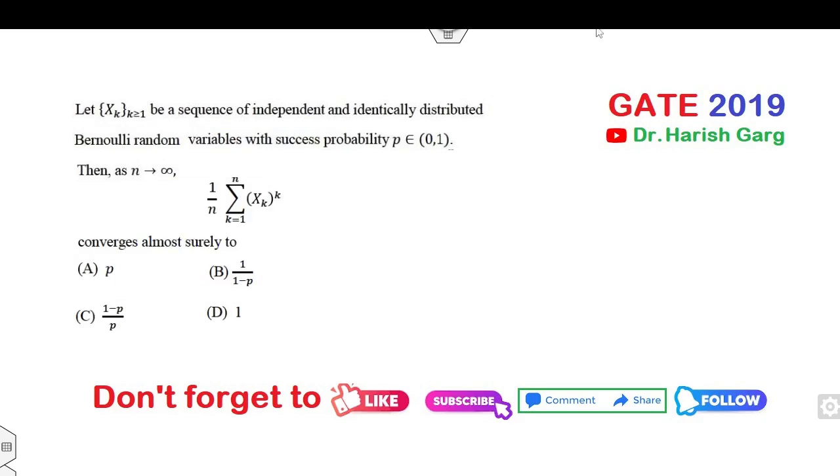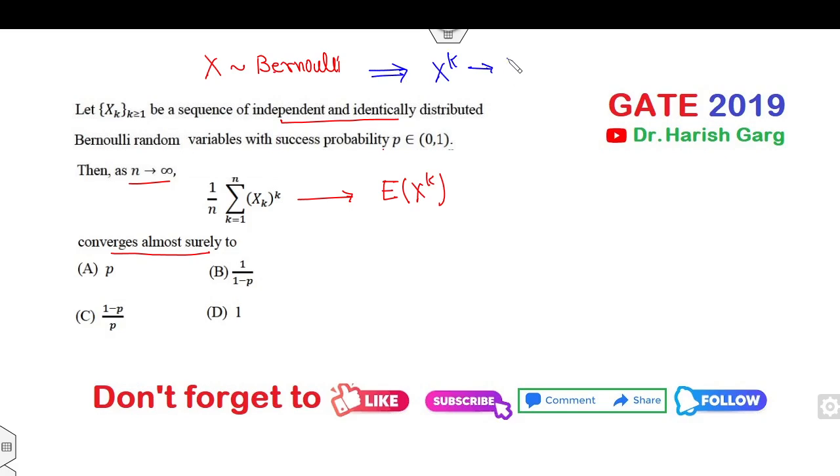Similarly, if you look at one more example, the xi's are my IIDs and follow Bernoulli distributions, then it converges almost surely to the expected value of x raised to the power k, where k can be any number. If x follows the Bernoulli, what is the meaning of x to the k? It also follows the Bernoulli distribution.